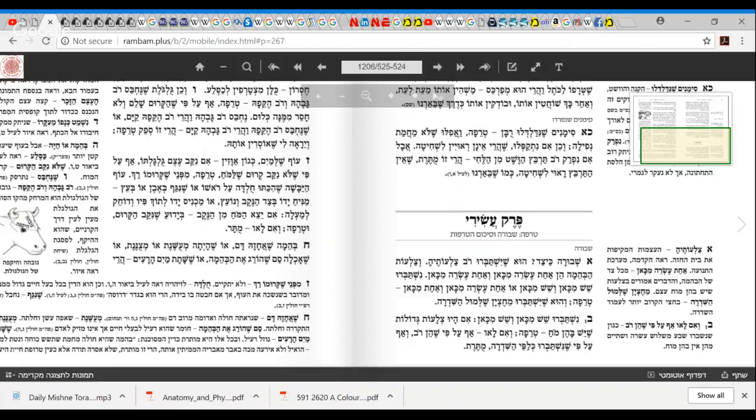So if they are of the large ribs that have a moach, then it is a terefa. But if not, then even though they make up a majority of the ribs, and even though they were fractured on the side that was closer to the spine, the animal is still permitted.